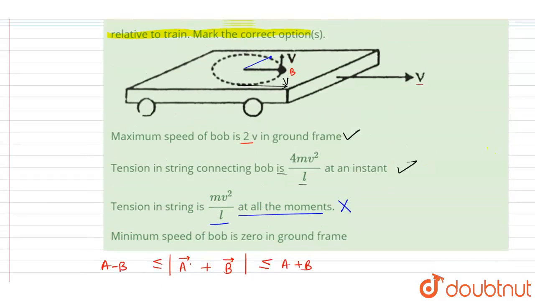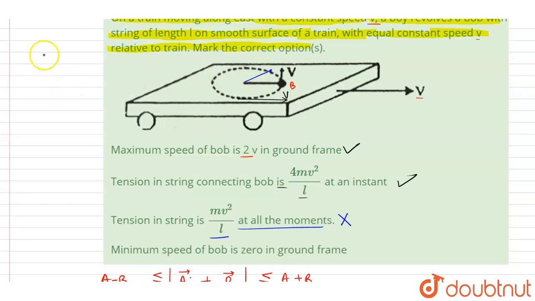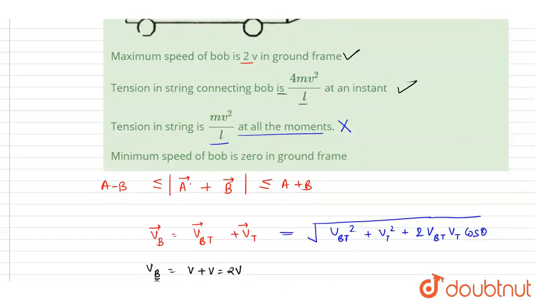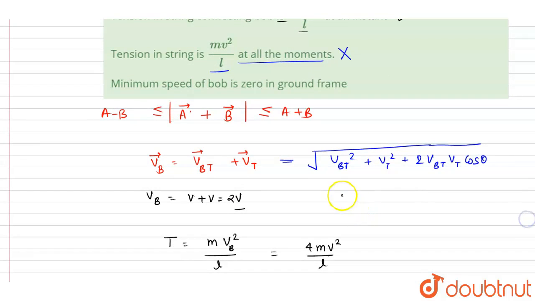The minimum will be when the two are anti-parallel, which is when the bob is moving like this. They are anti-parallel, so if you take one direction as positive, the other will be negative, and if you add them, they get subtracted. So we write the minimum speed: maximum is this plus this, and minimum is this minus v.